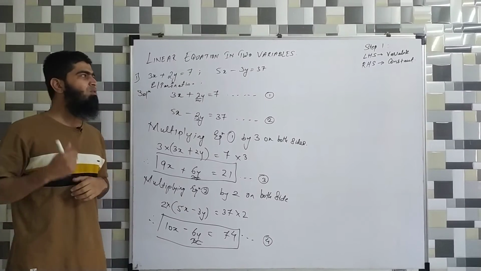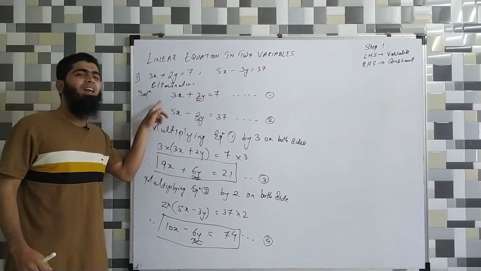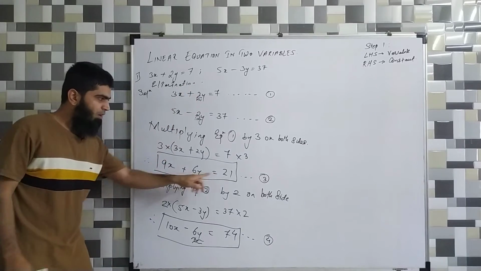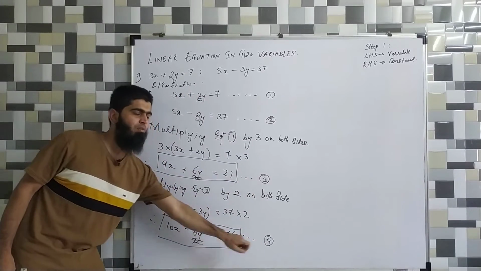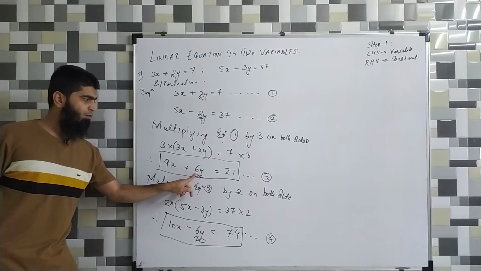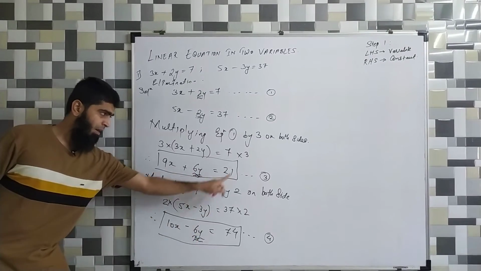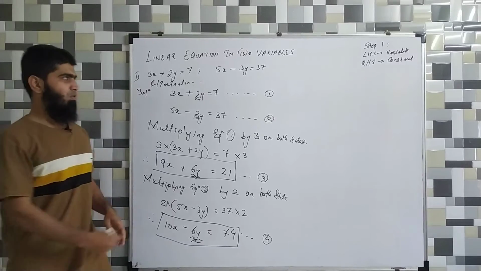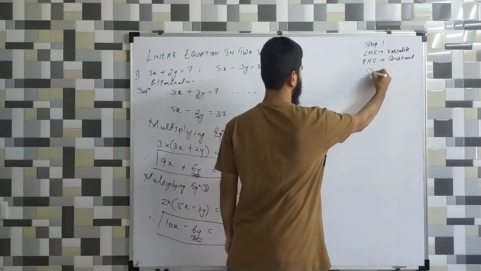What was step 2? Either to make the coefficient of x equal or to make the coefficient of y equal. Now if you observe equation number 3 and equation number 4, clearly you can see that the coefficient of y in both the equations is the same. So I will note down the second step here.